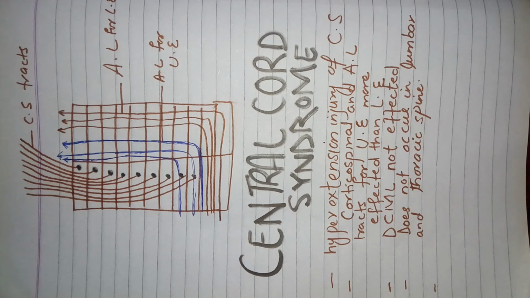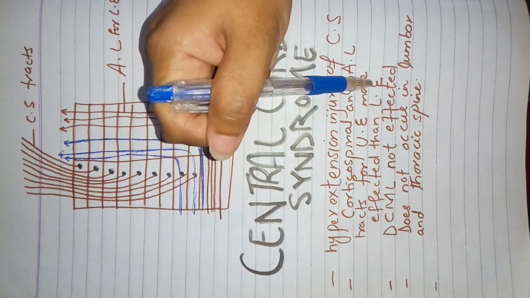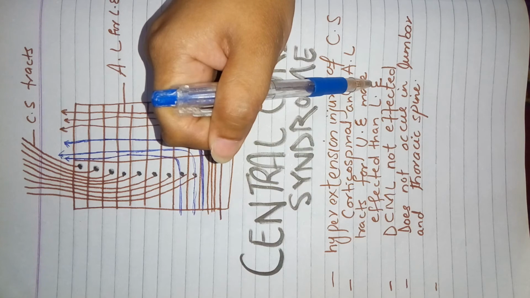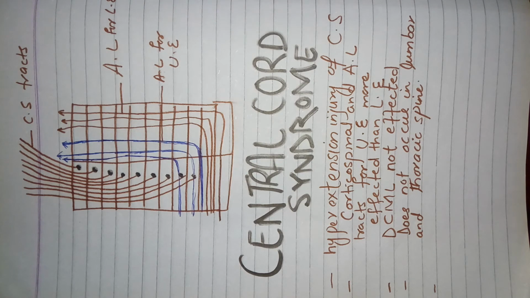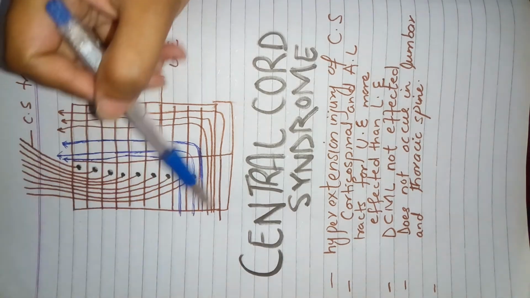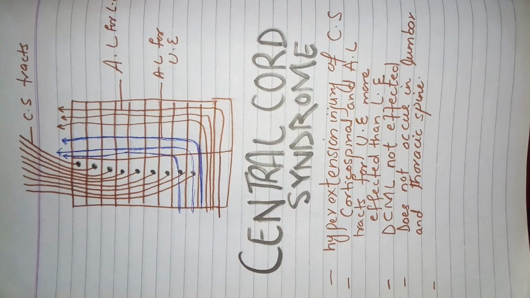Now another thing which is very important to understand is that in central cord syndrome, the upper extremity is more affected than the lower extremity. So here we need to understand why. I'll explain in the figure I have made, to help you understand why there is more weakness in the upper extremity than the lower extremity.